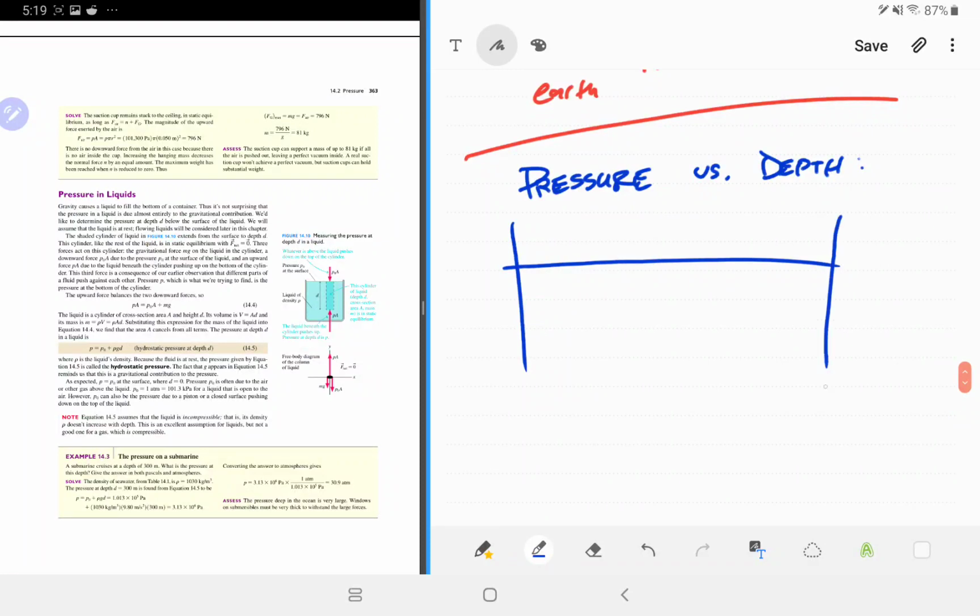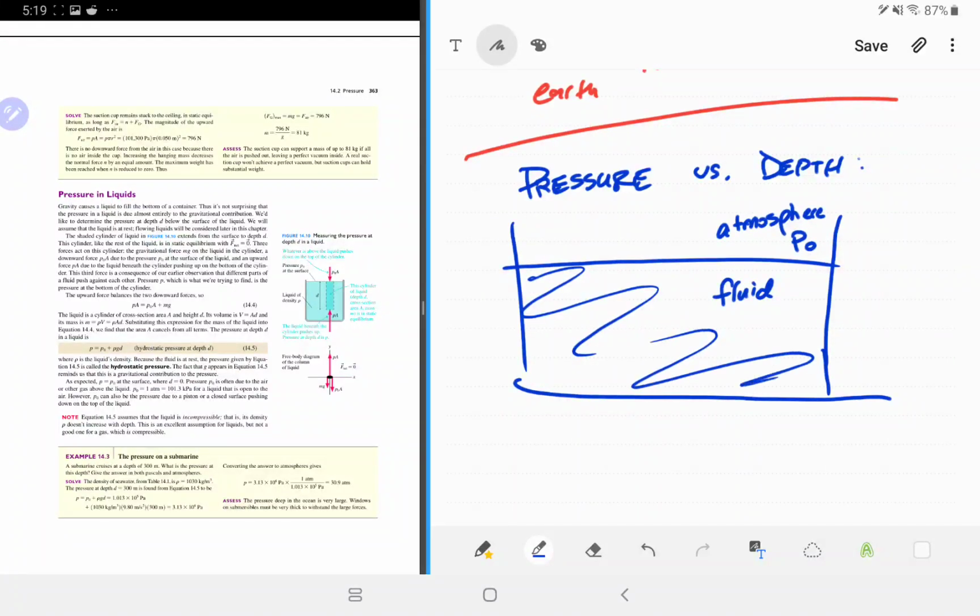So if we have some fluid right here, and this is exposed to atmospheric pressure, you might see it labeled as P naught for atmosphere. And then you have some fluid in here, and we're looking at some point that's a depth d.